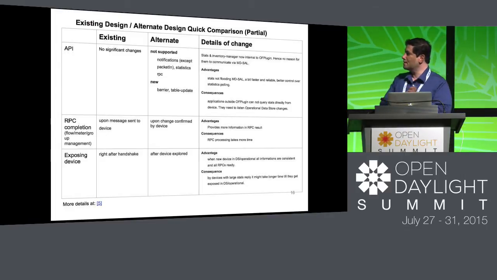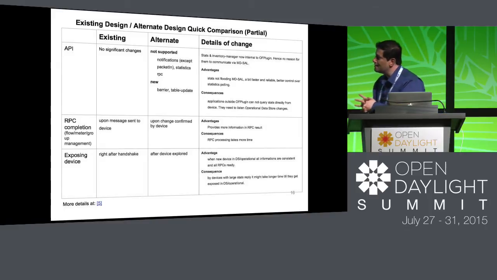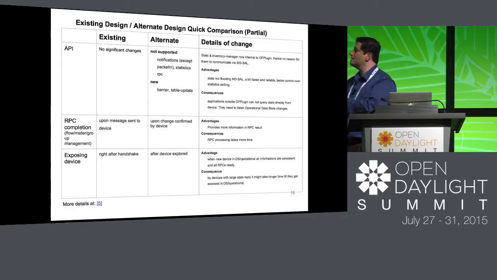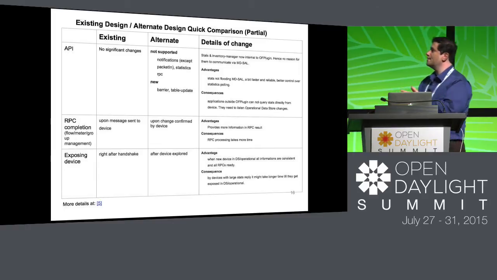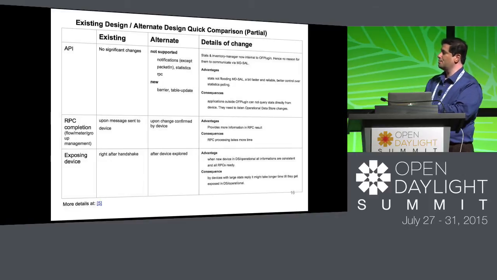As Anil mentioned, this is just a comparison matrix between the two designs. The existing design doesn't have any changes with respect to the API. The alternate design has most of the things, and there are some new things, but the notifications except packet-in are mostly moved out.